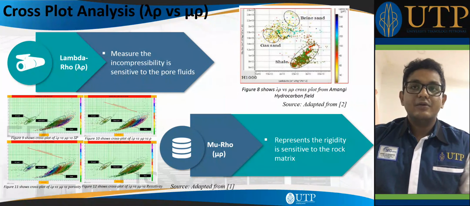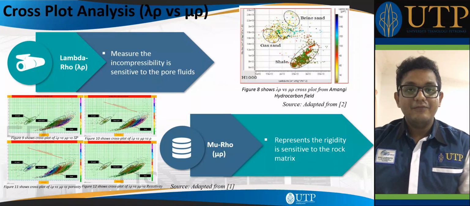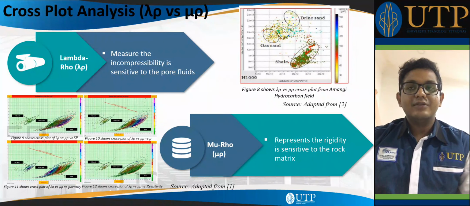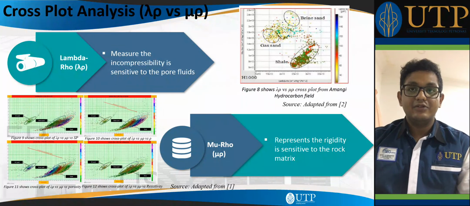Ladies and gentlemen, a cross plot of Lambda-Rho and Mu-Rho, which is the incompressibility modulus and rigidity modulus, gives us a very good discrimination in pore fluid and lithology. For example, as we consider SP, density, porosity, and resistivity as attributes, they can help us to define the brine sand and shale zone.